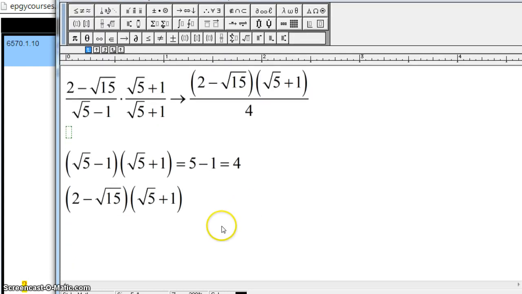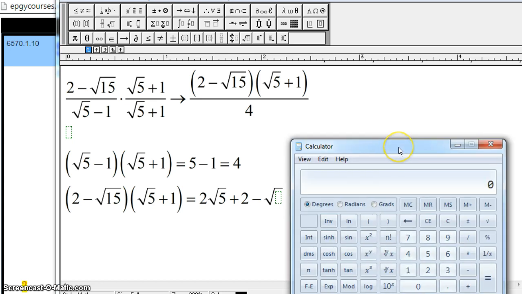So let's FOIL again. This is equal to 2 times root 5, 2 root 5. Outer, 2 times 1, we get plus 2. Inner, minus root 15 times root 5. So minus root 15 times 5 is, I'll pull up my calculator to not make any mistakes here. 15 times 5 is 75.